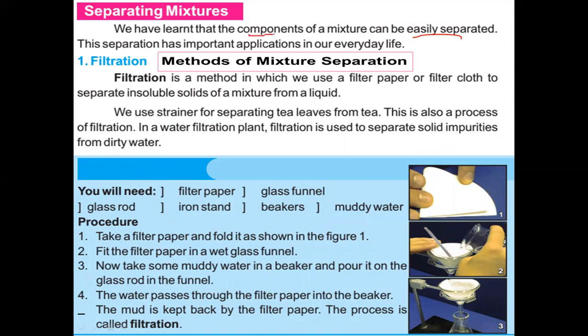These components can be separated easily as compared to compounds. Compounds have molecules and atoms that we cannot separate easily because they are chemically combined. But in mixtures, the components are not chemically combined, so we can separate them easily.